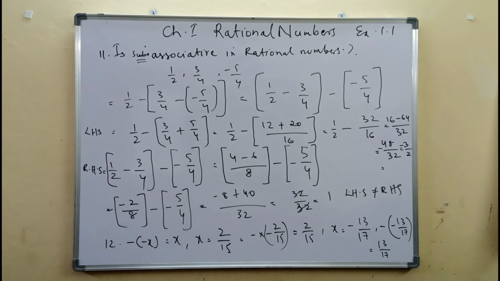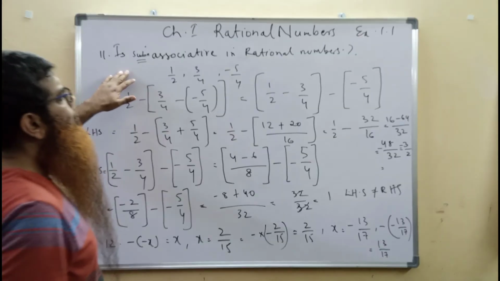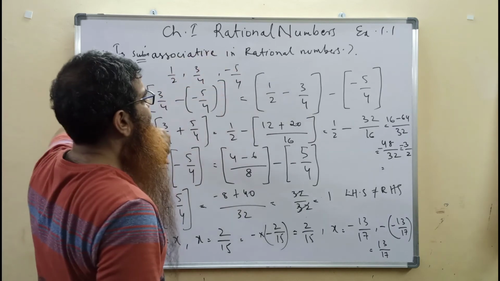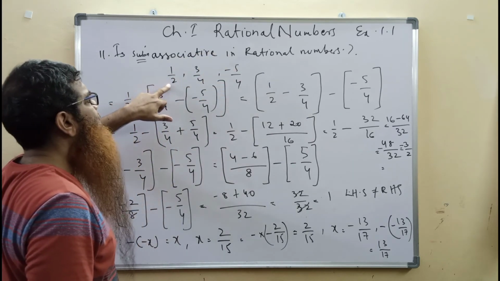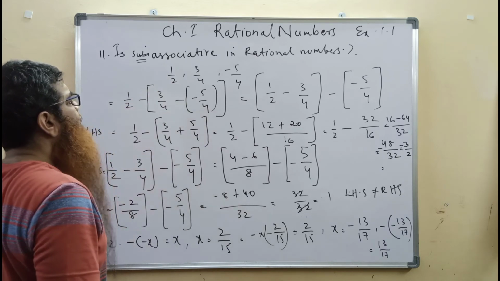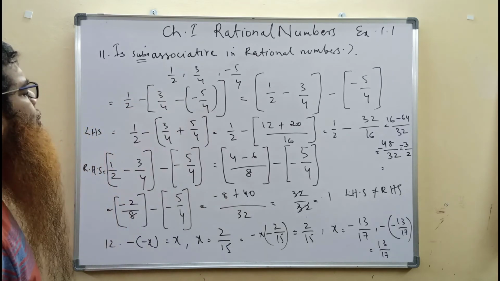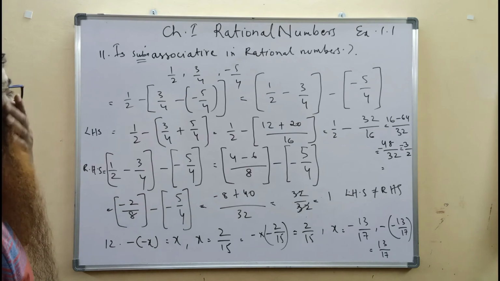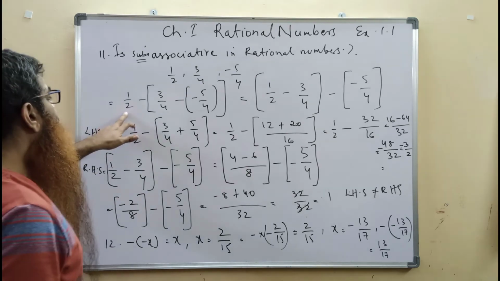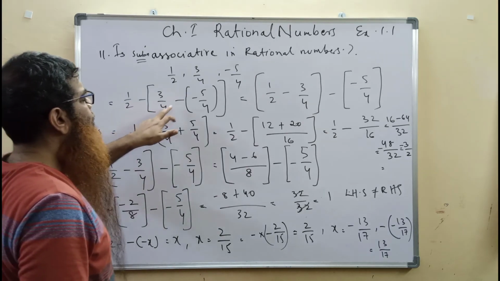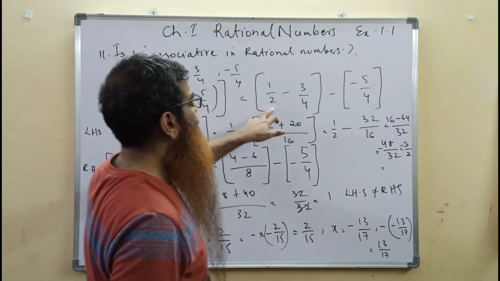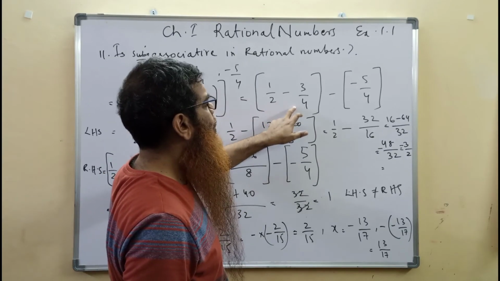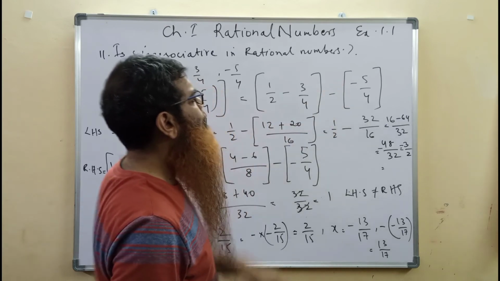I repeat, the 11th question was to check if subtraction is associative in rational numbers. We are checking by taking an example, three rational numbers, 1 by 2, 3 by 4 and minus 5 by 4. 1 by 2 minus whole 3 by 4 minus of minus 5 by 4 is equal to 1 by 2 minus 3 by 4 whole minus of 5 by 4.